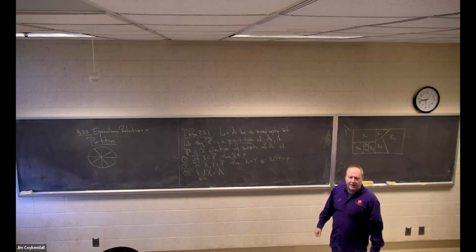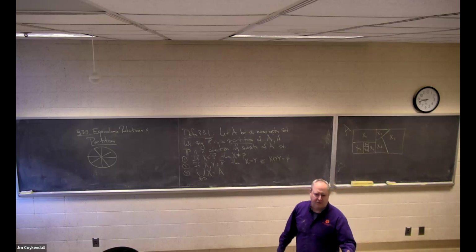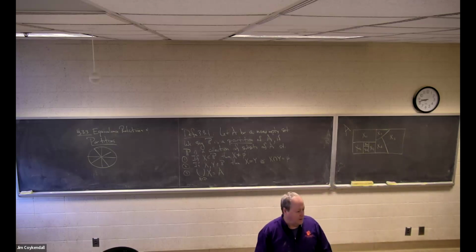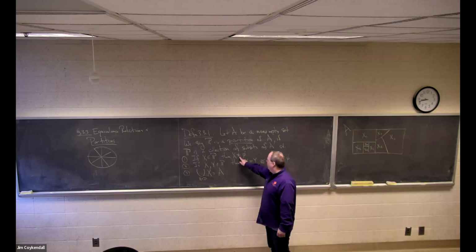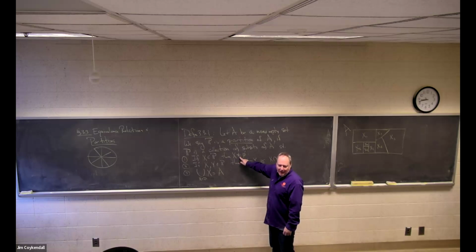Think about how many of you are puzzle enthusiasts, jigsaw puzzles. Anybody work those? Yeah, so you've got all those puzzle pieces. This is what a partition is, jigsaw puzzle pieces. Here are the rules. No empty pieces, right? I've got to have something.